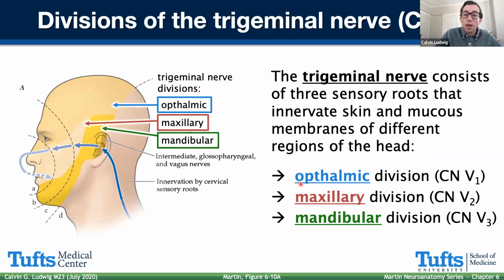In blue, the ophthalmic division, a pretty big region from the eyes extending backwards. The maxillary division, here in this lighter beige, from the nose and lips. And then finally the mandibular is this dark yellow color here.